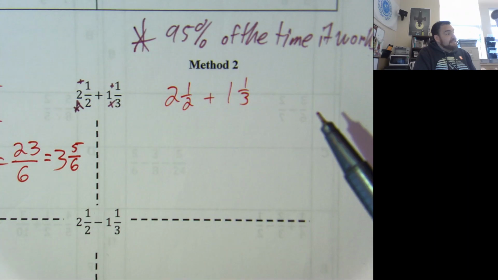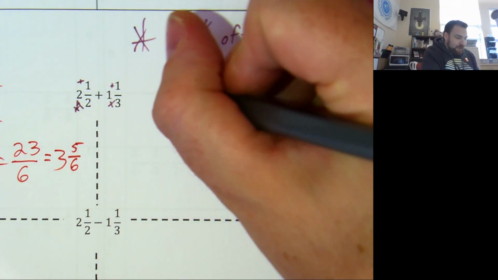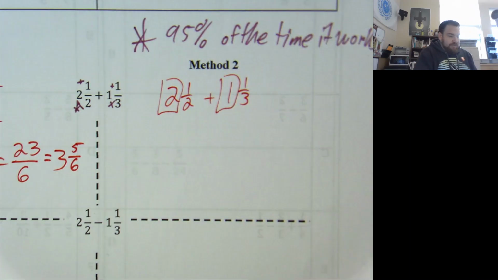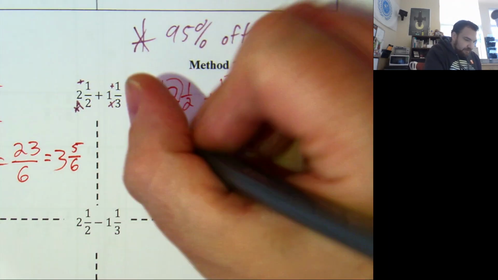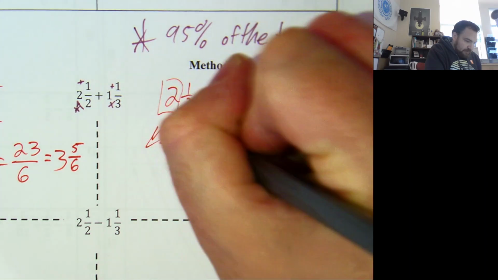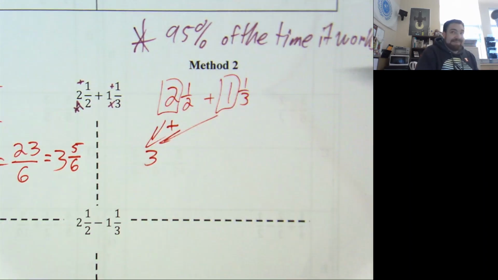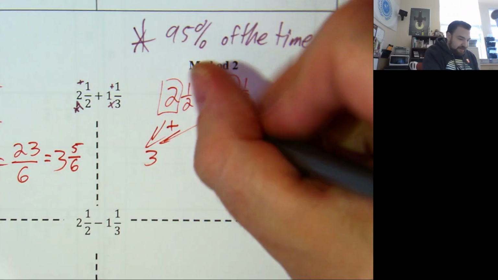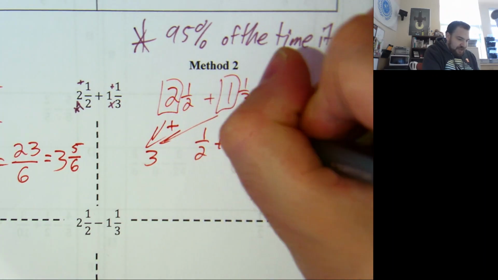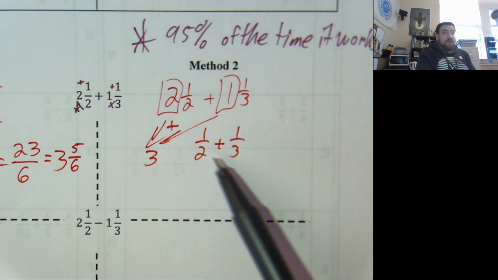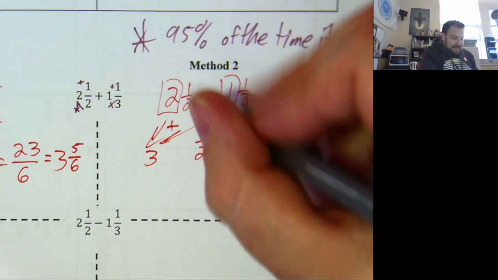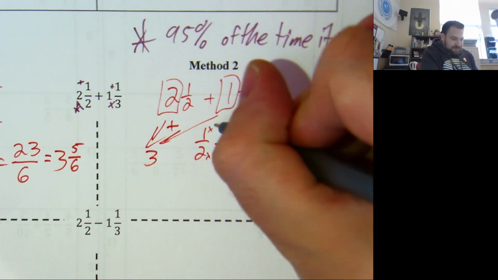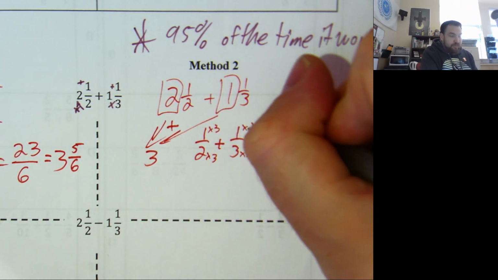The other method is to say, okay, look, I have a whole number here and I've got a whole number here. I can take out the whole numbers and I can add them together. So 2 plus 1, those are going to add and give me 3. And now all I have to do is add my two fractions together. Well, I have to go 1/2 plus 1/3. I still have to go times 3 and times 2 and times 2.